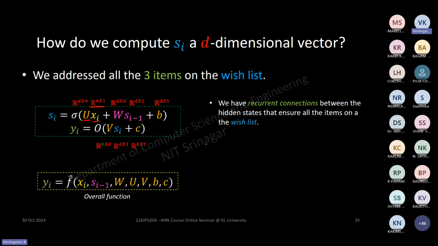In case of the auto completion task, we have represented input as a one hot encoding of size 26, which can also be written as 26 cross 1. So this is the vector I'm talking about. That's the dimension of xi.